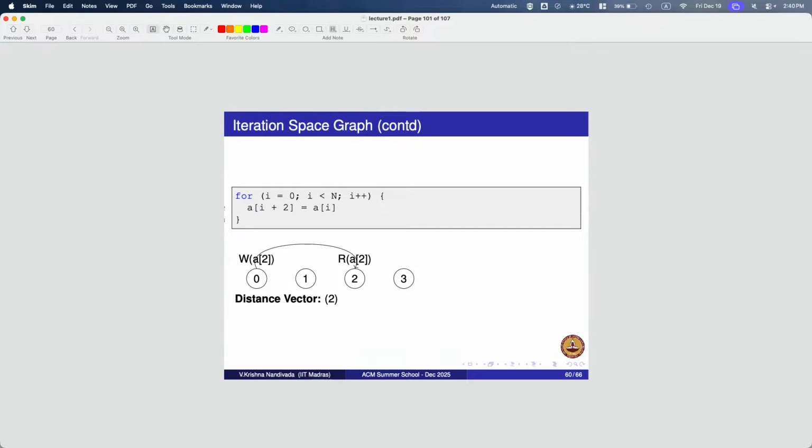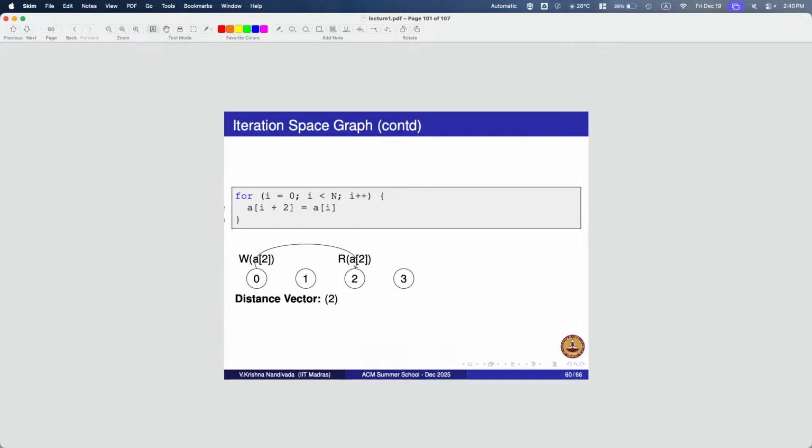So this is my iteration space: iteration 0, iteration 1, iteration 2, iteration 3. I can say there is an edge from iteration 0 to iteration 2, iteration 1 to iteration 3, right? Now we will introduce a new term, dependence.